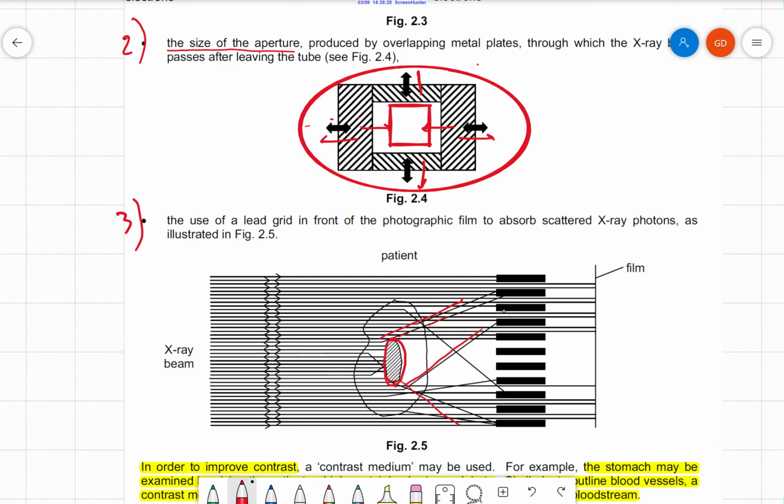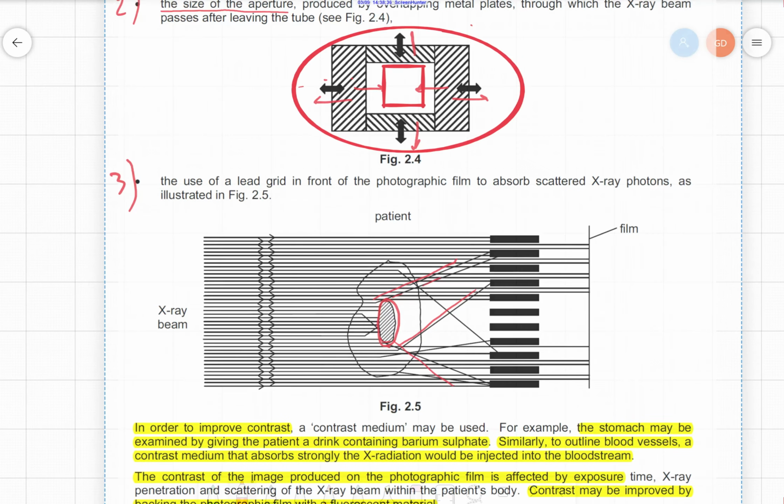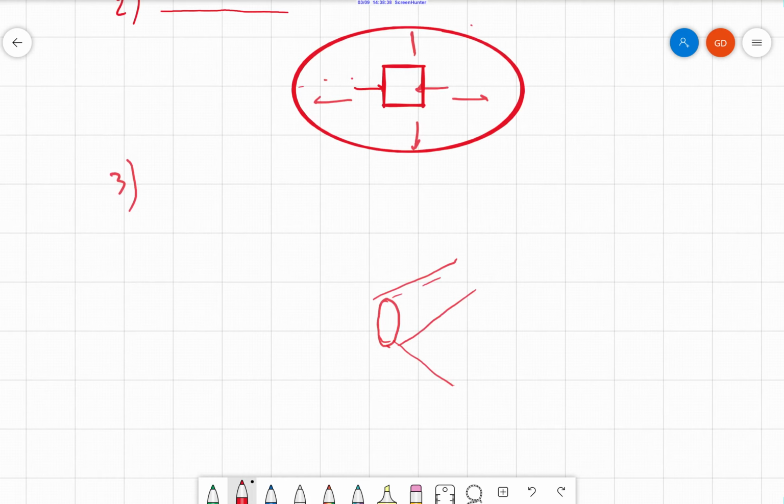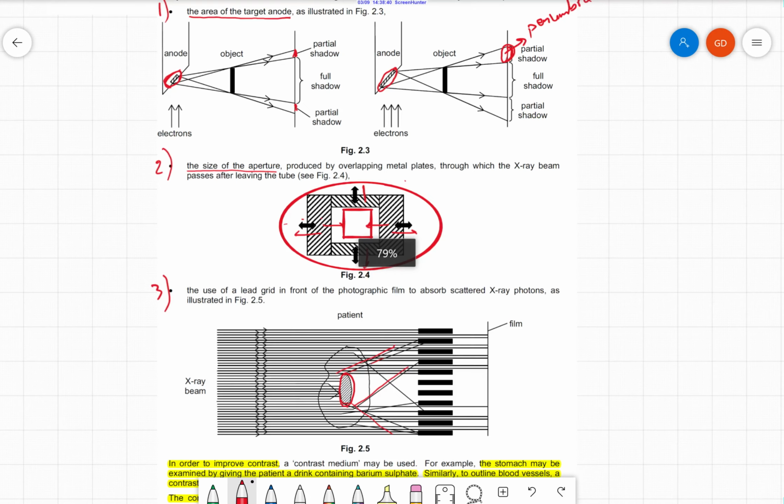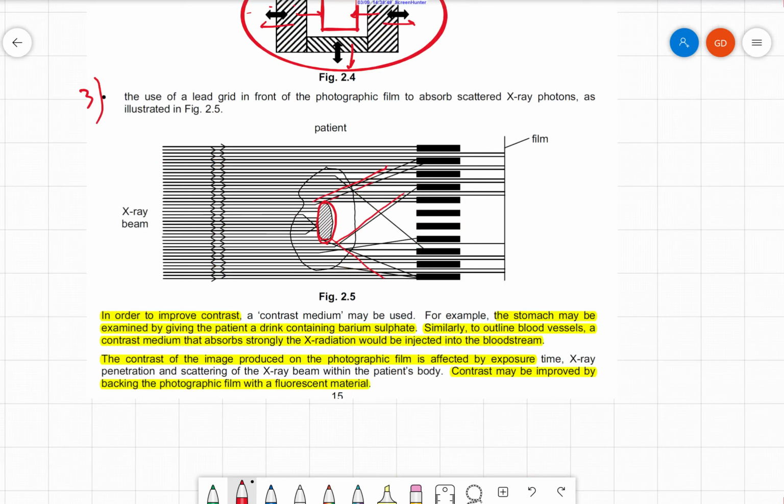So in order to get rid of them, we fit this piece of lead between, as you see, this is the patient and this is the film.